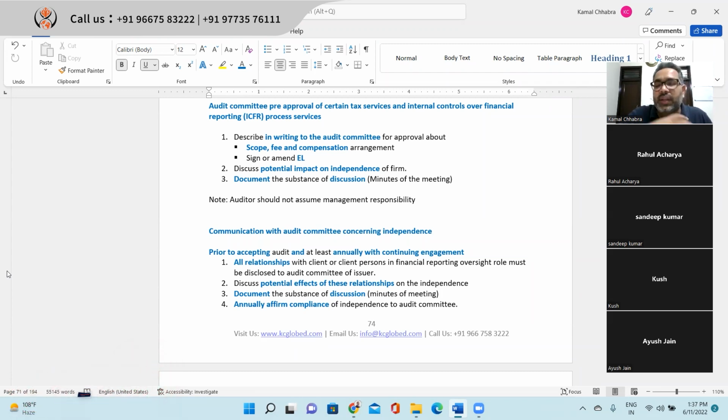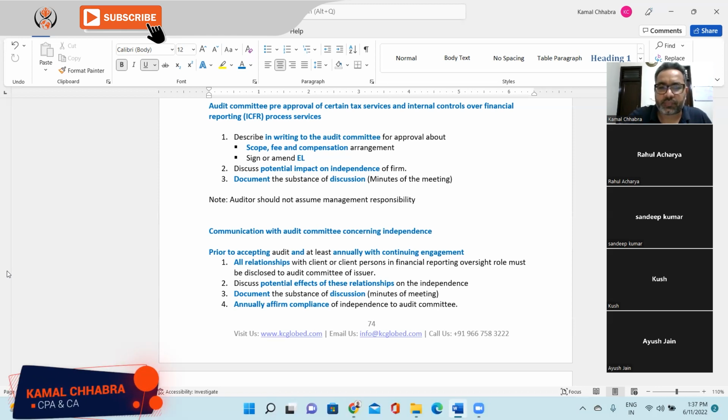And then all the discussion among the auditor, management, and the audit committee during that meeting, you need to make minutes of that meeting and document in your audit file. So these are the requirements if you are providing any non-audit service to the audit client and taking pre-approval from the audit committee. So this is the process and requirement.